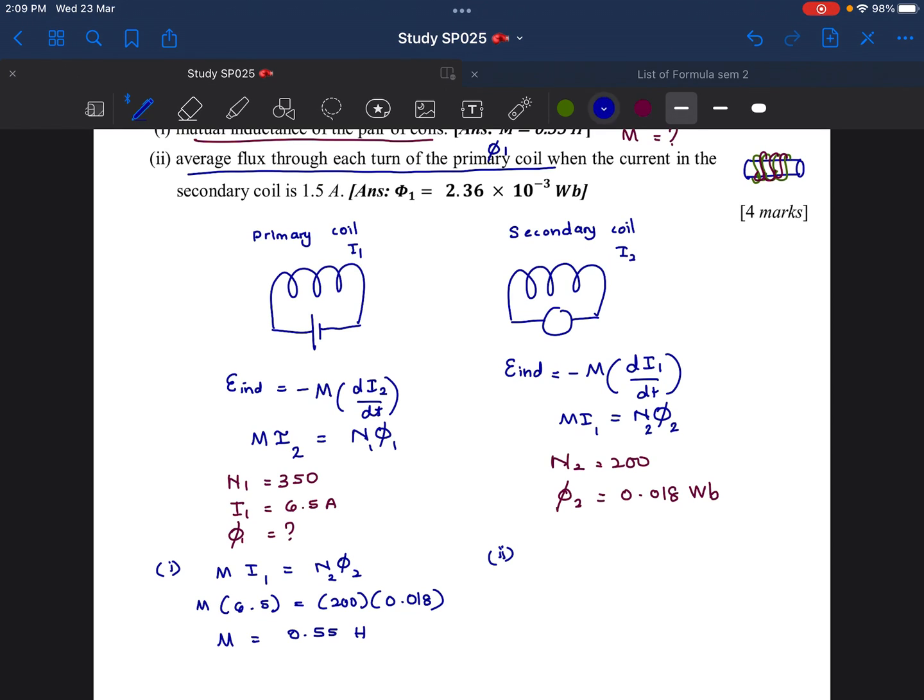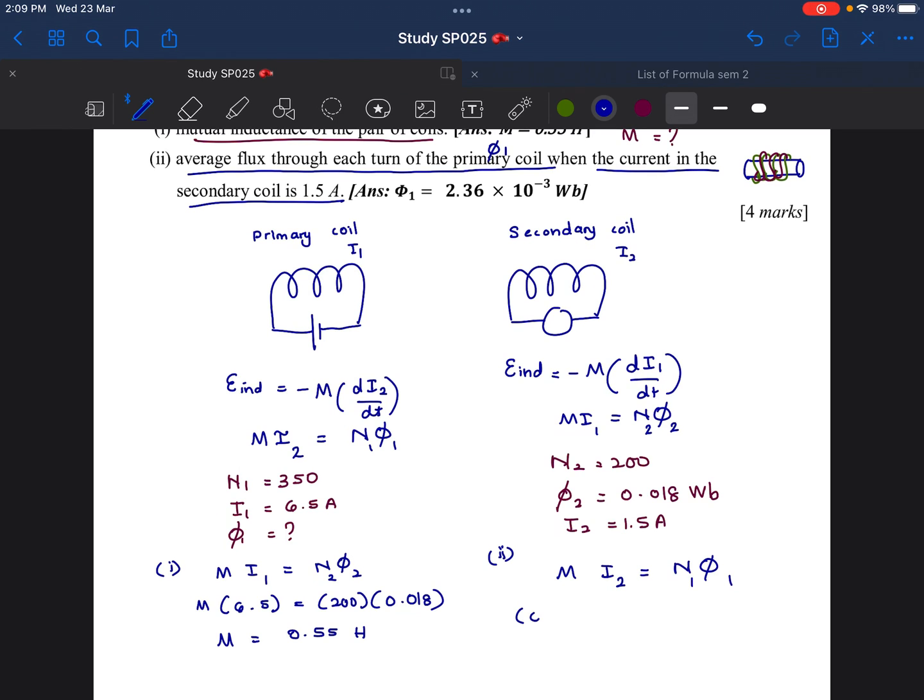When the current in the secondary coil is 1.5 A. Jadi kita tahu current dia adalah 1.5 A. So kita ada current I2. I think we can use this one, M I = N phi, but for primary coil punya. Because we already have M, I2 dah ada, N1 dah ada, and we want to find the magnetic flux 1.